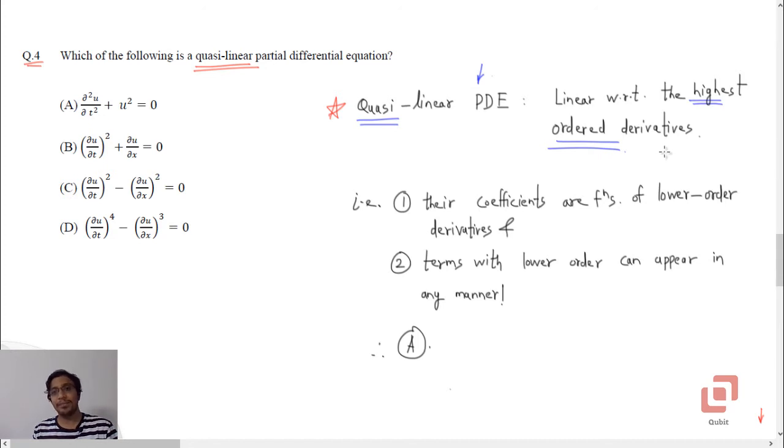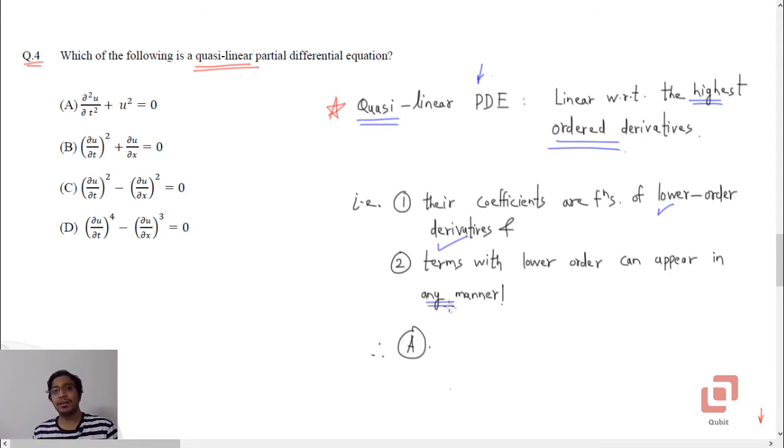Secondly, 2 highest order derivatives should not occur in the same term. So the explanation is here. Their coefficients can be functions of lower order derivatives, and secondly, the terms with lower order can appear in any manner. So this is important.